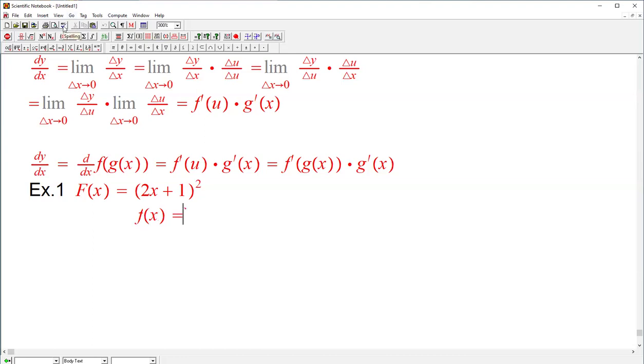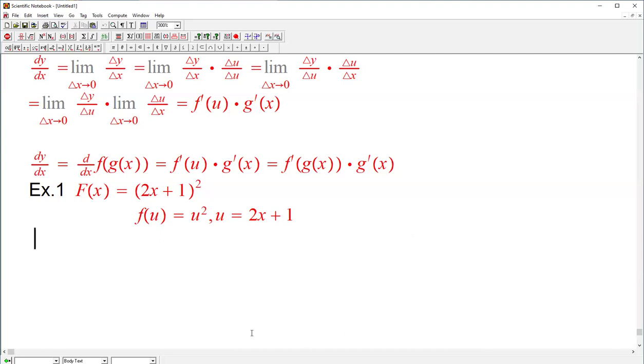So f of x equals x squared, right? But this time, I'm not going to use x. I'm going to use u. f of u is u squared. It doesn't really matter because it's just a placeholder. And u is equal to 2x plus 1.